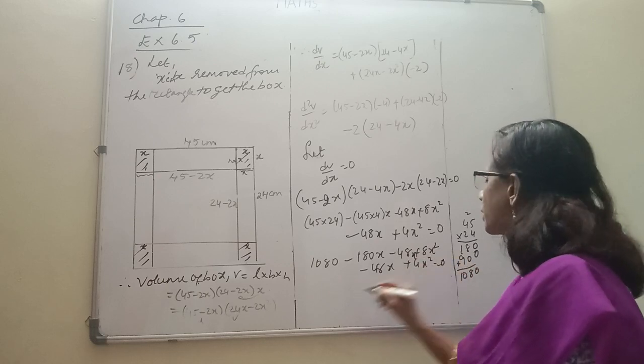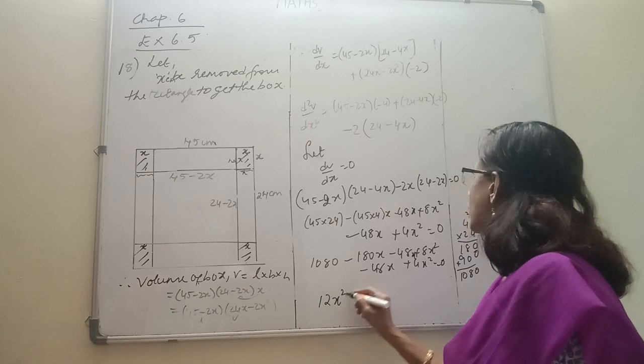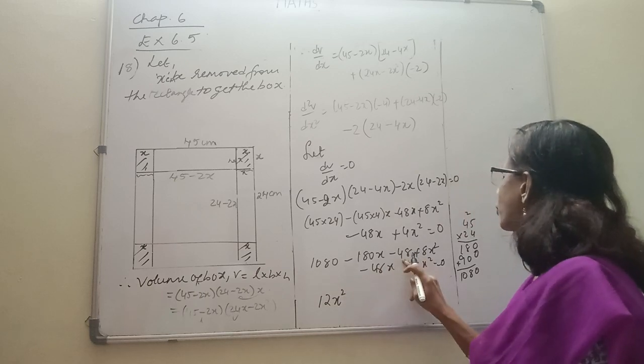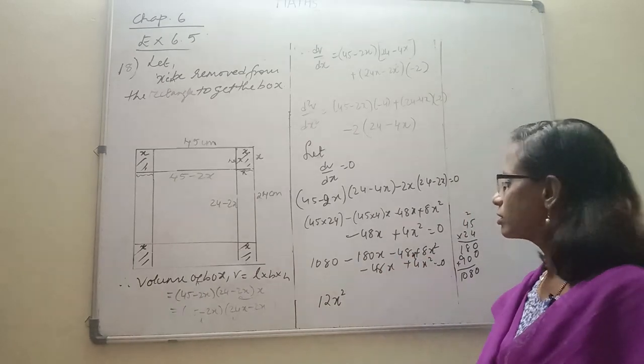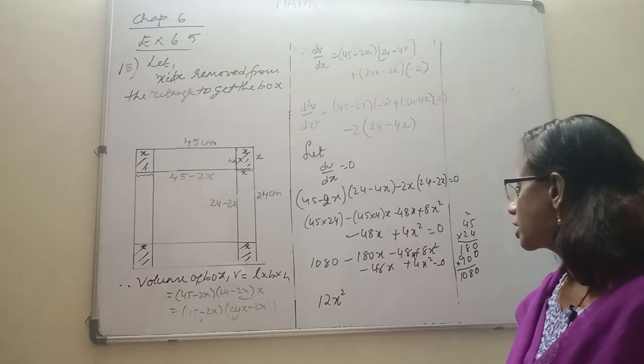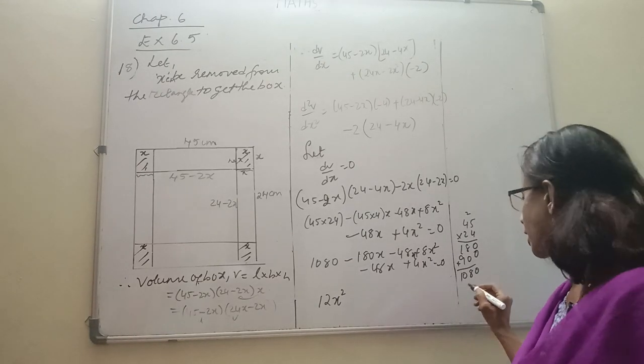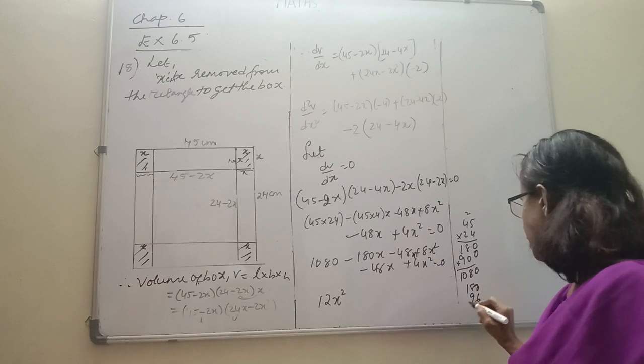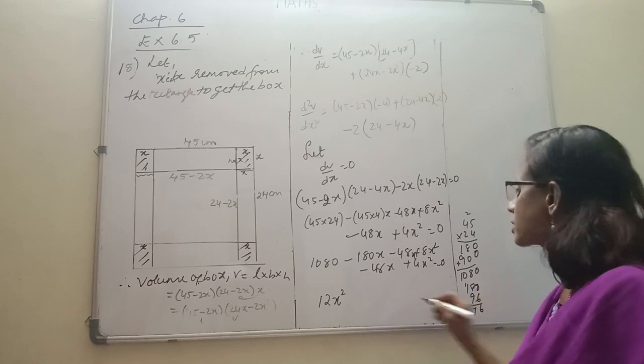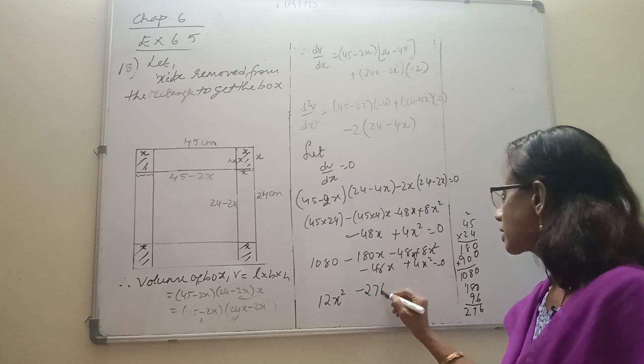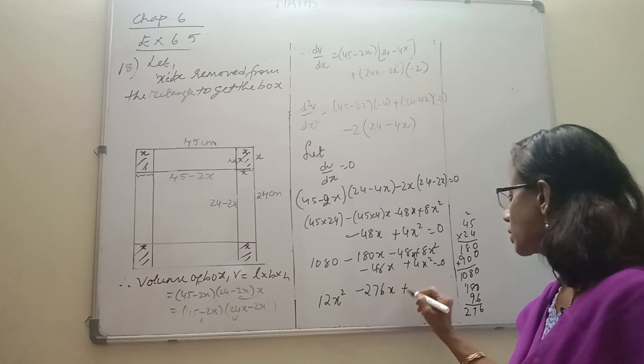So let's quickly work out 8 plus 4, 12x squared, then 48 and 48 and 180, all that together is your x. 48 and 48 is going to be 96. So 180 and 96 is going to be 276. So that's negative 276x plus 1080.